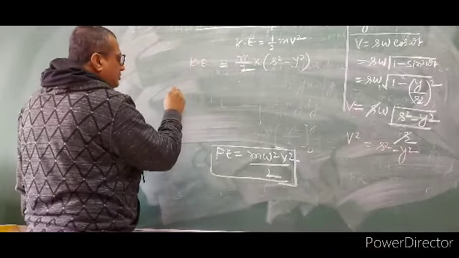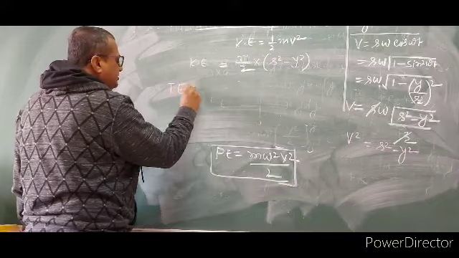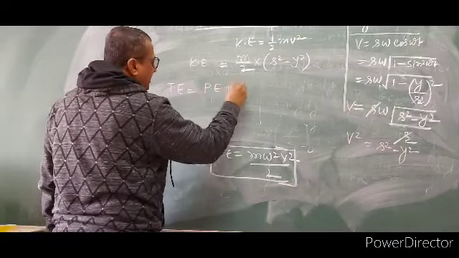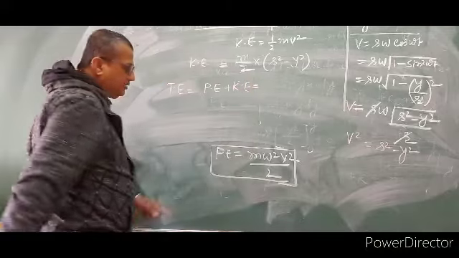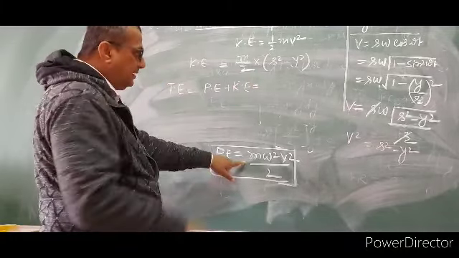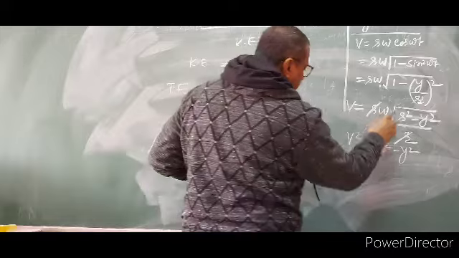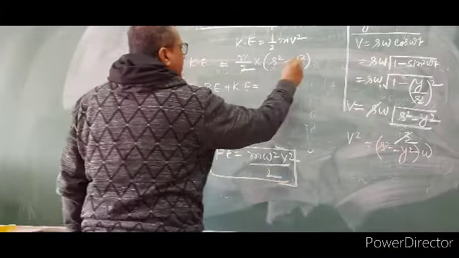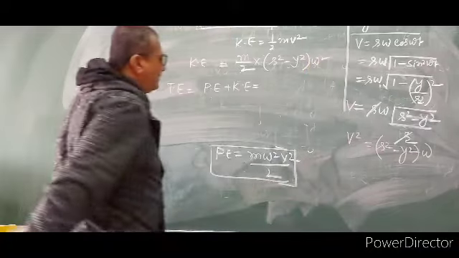So total energy will be equal to potential energy plus kinetic energy. Here omega was left out, so it will be omega square also.